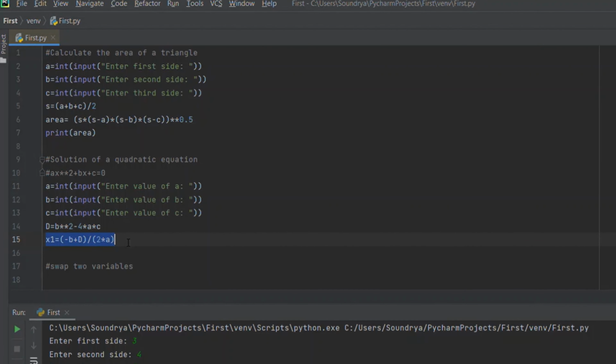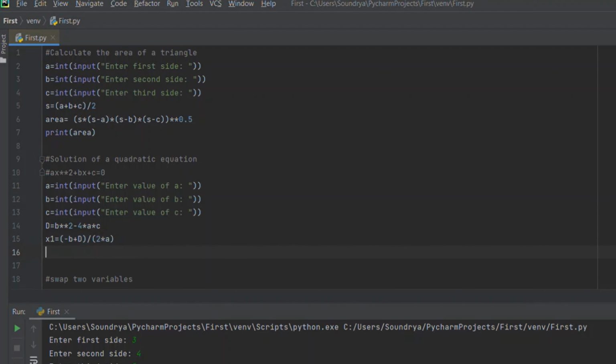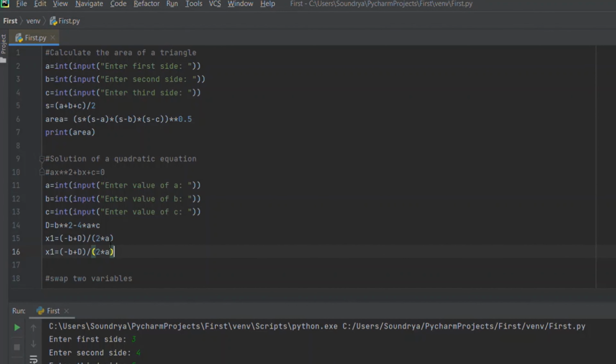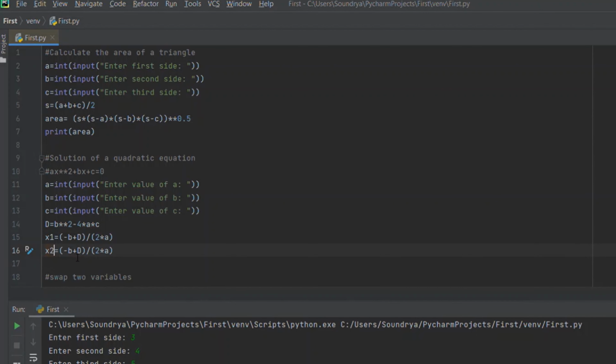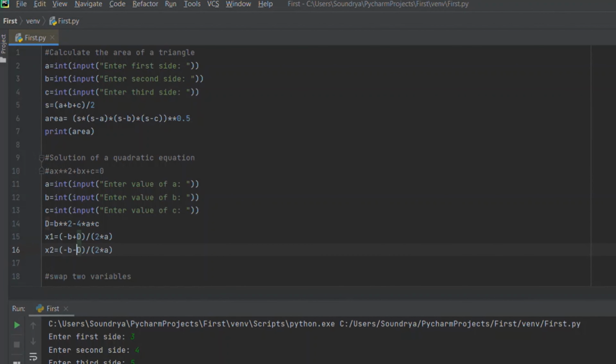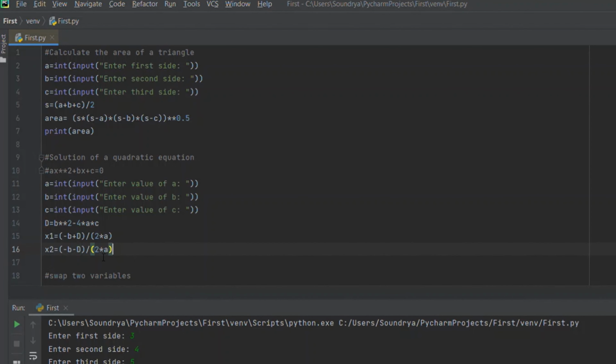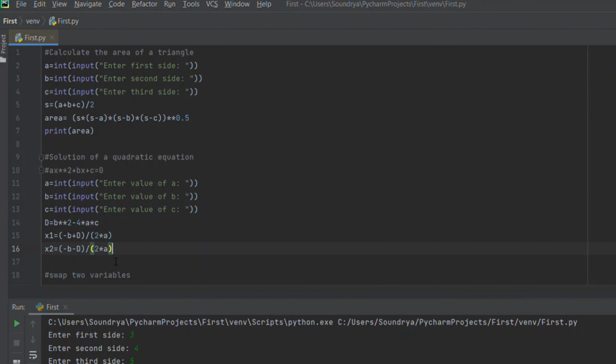Similarly, x2 equals (minus b minus d) whole divided by 2a.